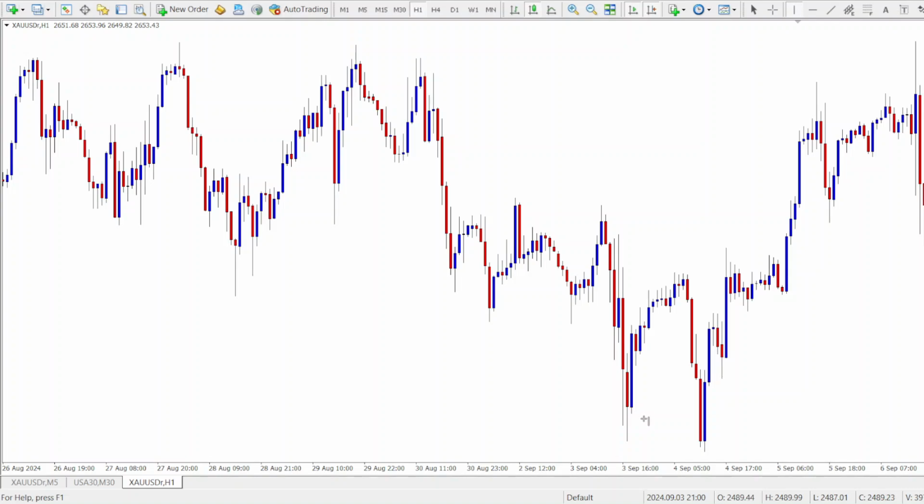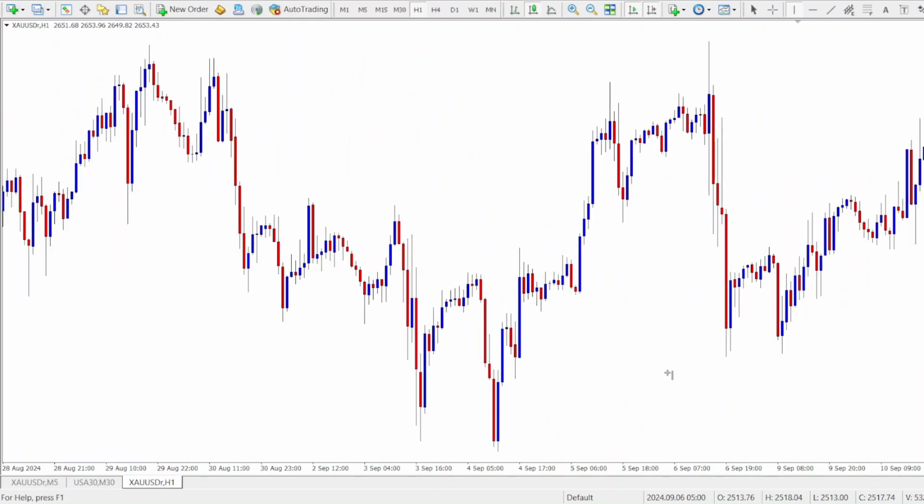So how it works is that the bullish engulfing pattern usually swallows up the previous sell candle. So you had a sell candle just before the bullish candle, and the bullish candle swallows up or engulfs the bearish candle that was just before it.